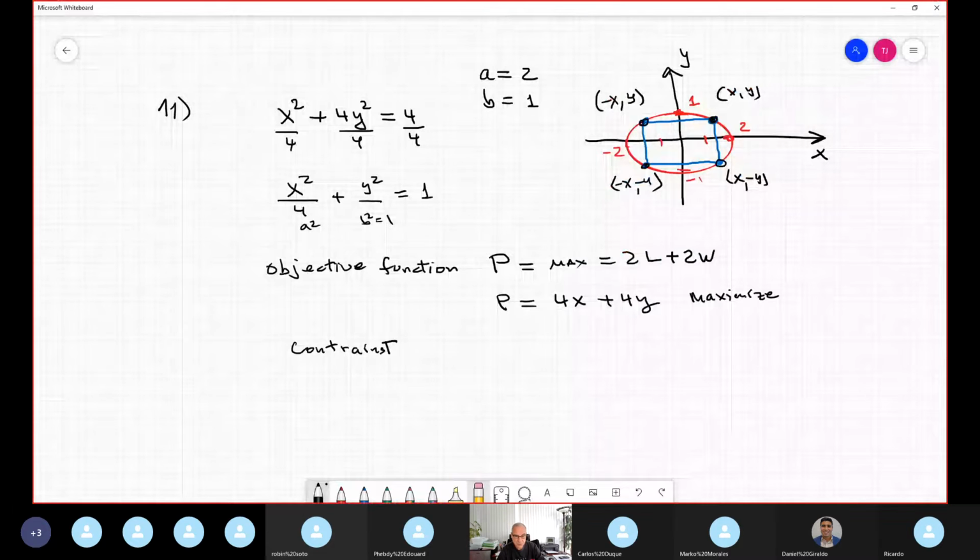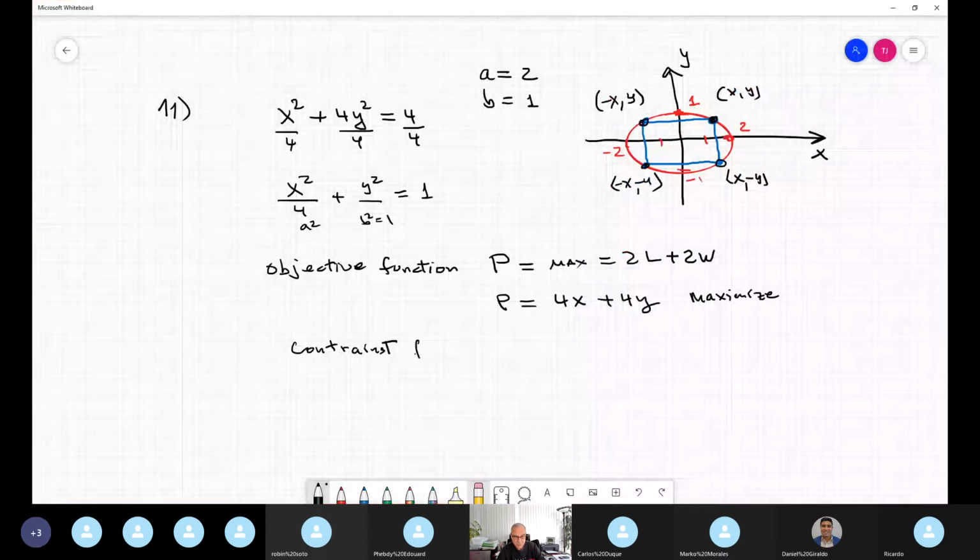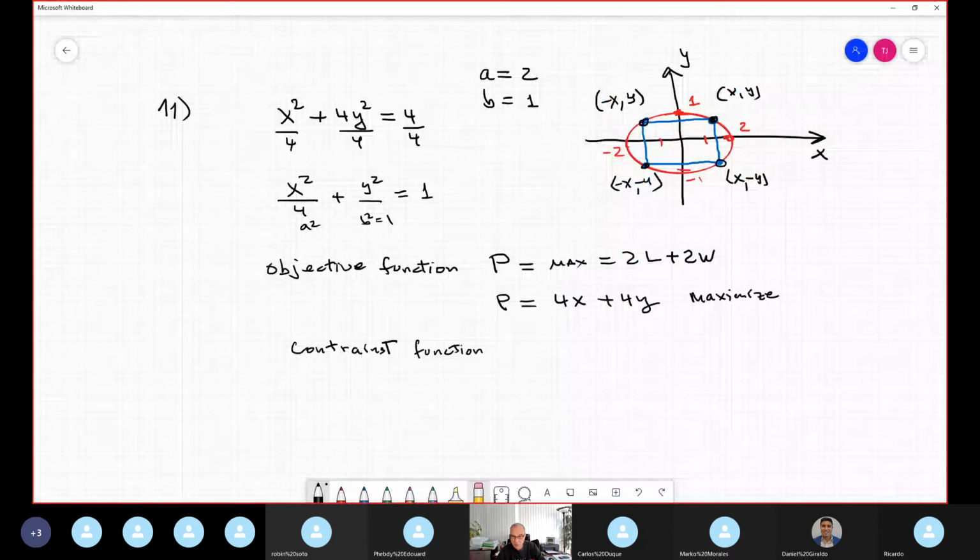The constraint function, which normally, in Lagrange language, we call g of x, y equal to 0.